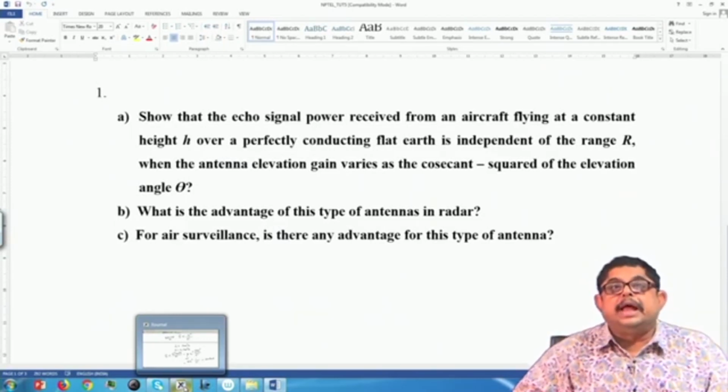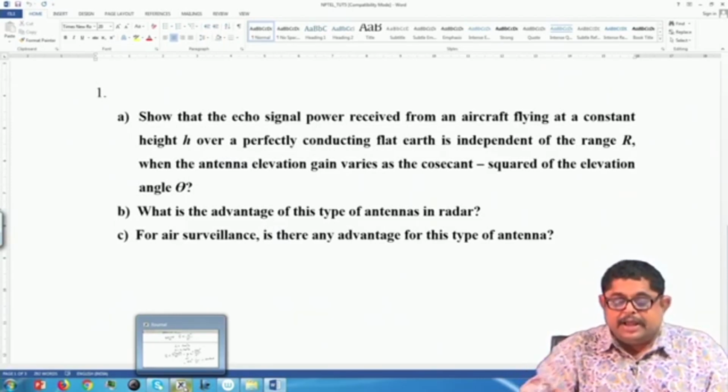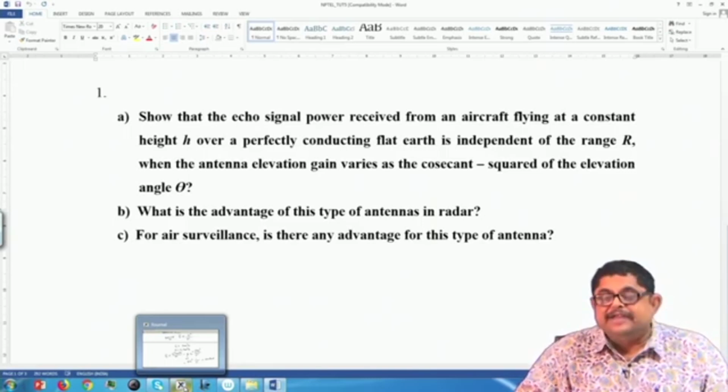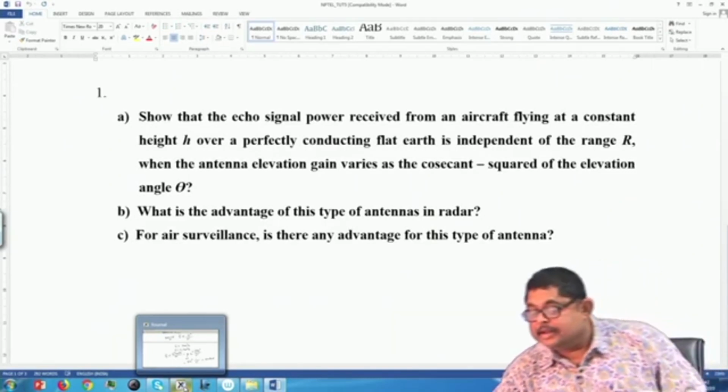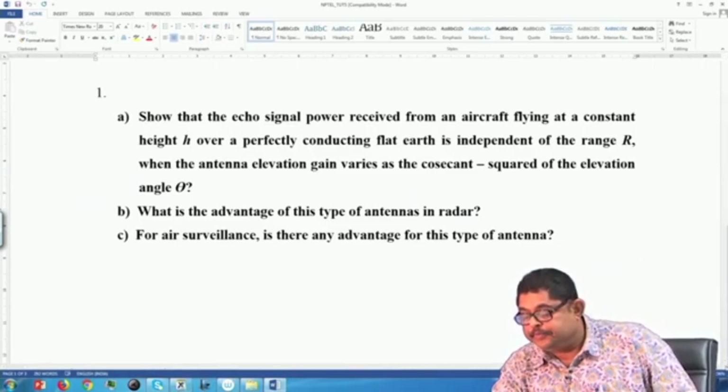Now, more than that, part C: for air surveillance, is there any advantage for this type of antenna? This is an interesting question.